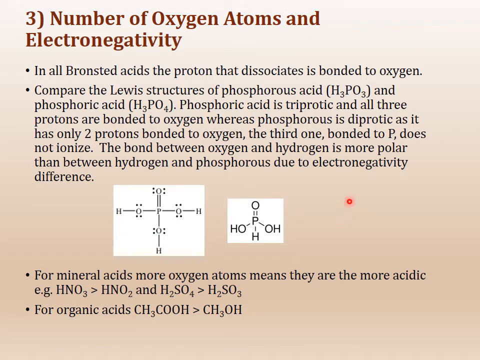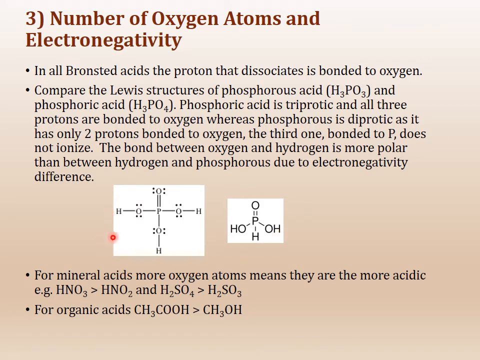Now, both of them are almost the same, except one has 3 oxygens and one has 4 oxygens. In this case, H3PO4 is phosphoric acid, which is a stronger acid, and phosphorus acid is a weaker acid. Phosphoric acid is a triprotic acid, whereas phosphorus acid, even though it has 3 hydrogens, is a diprotic acid.